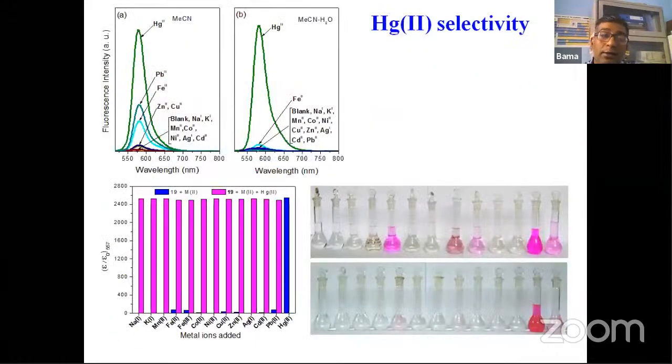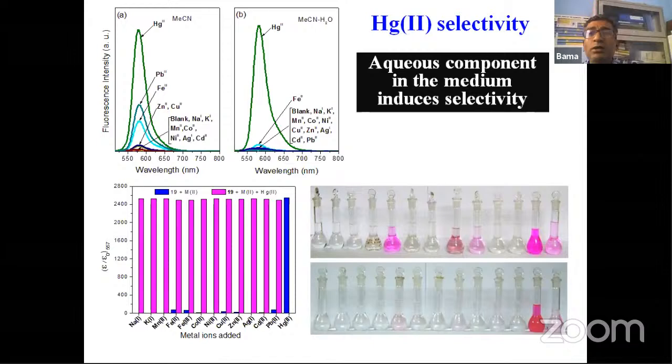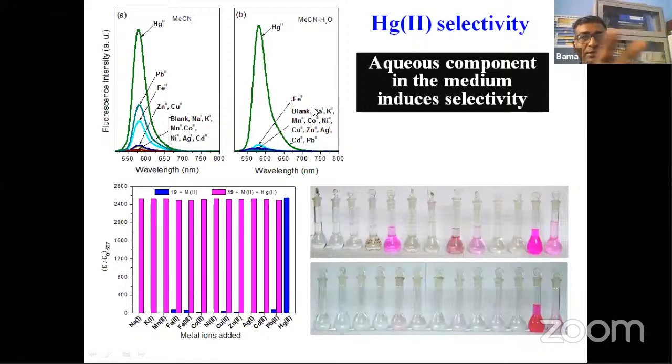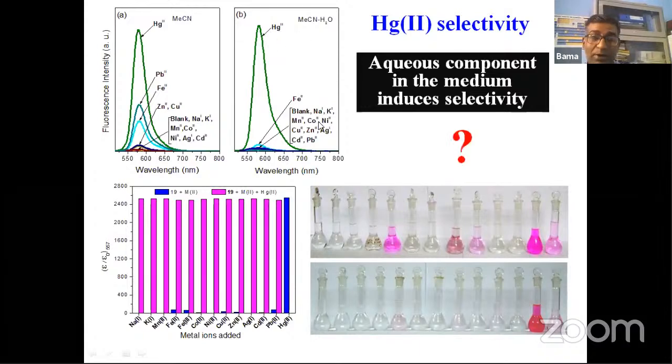Then the solvent plays a greater role in mercury selectivity for this kind of molecule, because we found that aqueous component in the medium introduces the selectivity. From this spectra, we can see that it is responsive to various metal ions, but in this spectra where the solvent is aqueous acetonitrile, you can see that it is selective towards only mercury ion.